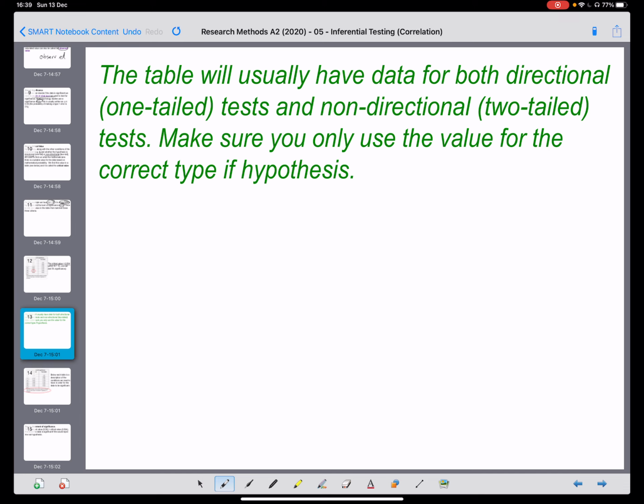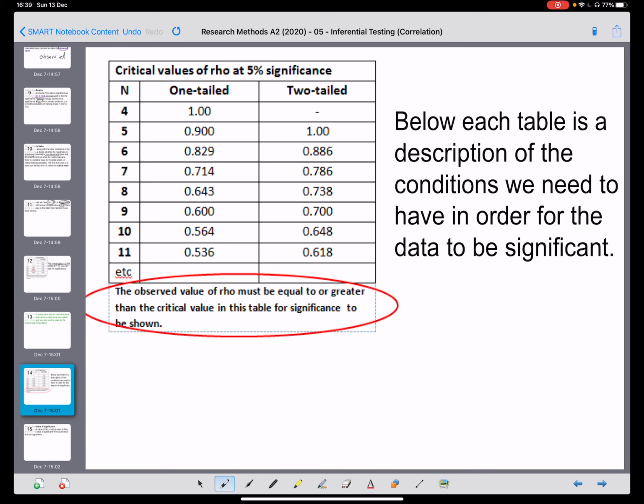Now, of course, most tables that we see may not just have a single value in it. It could be for both directional and non-directional and at different percentages. So please be careful that you read whatever the table says, because each table also will have its statement of intent. So we see here the observed value of rho must be equal to or greater than the critical value in this table for significance to be shown.